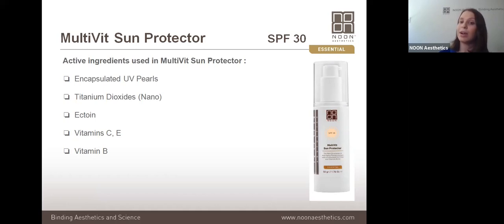So we can call it a whole product, because it's not only a sun protector, it can also help with soothing the skin thanks to the vitamins, and the vitamin B, the niacinamide, which is also helping with inhibiting the melanin.